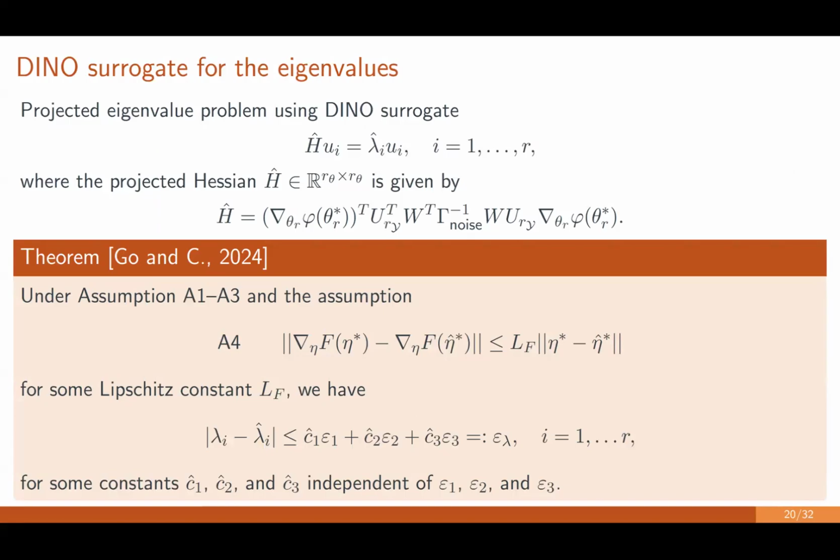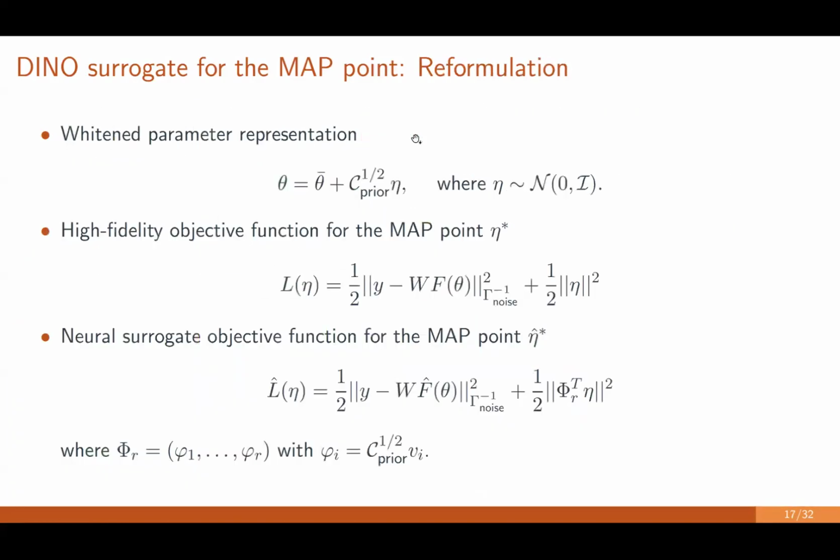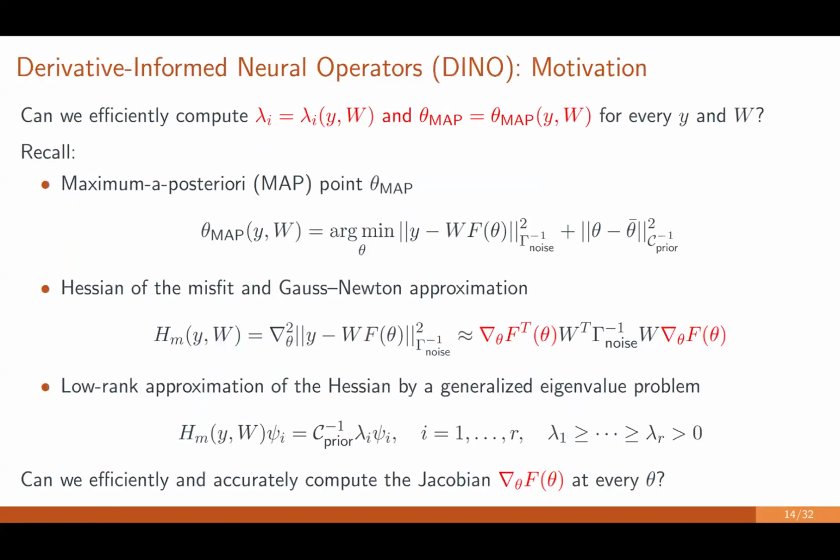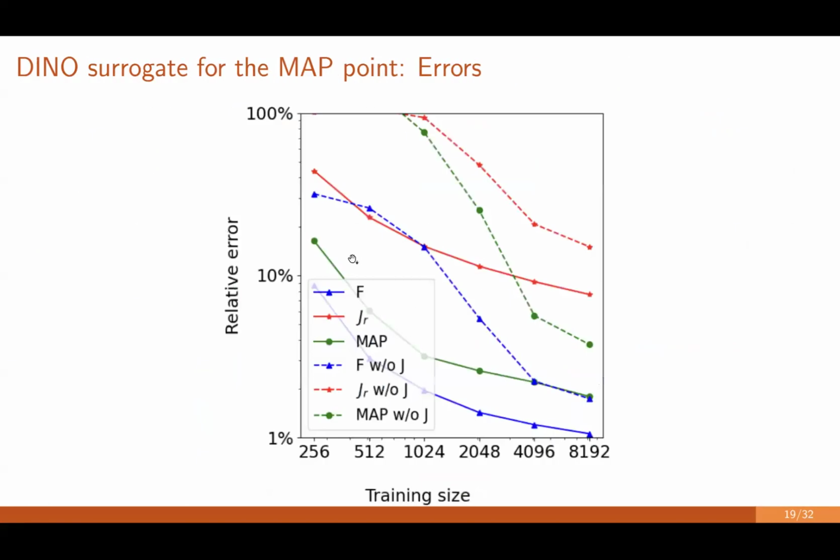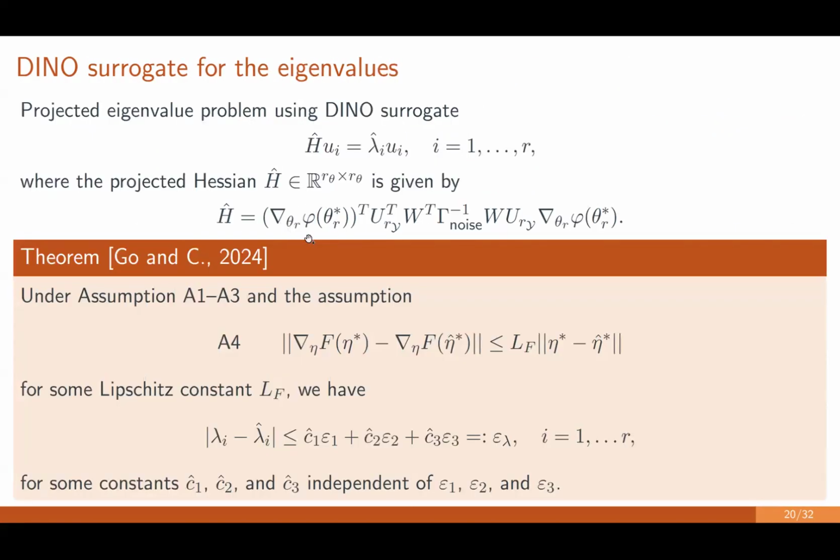Well, that is for the MAP point. So here is for the eigenvalues. Instead of solving the larger scale eigenvalue problem as we presented here, which is in the original space, quite high dimensional, a generalized eigenvalue problem, after the dimension reduction and the neural network surrogate model, we only need to compute the Jacobian of the neural network, instead of the full Jacobian.